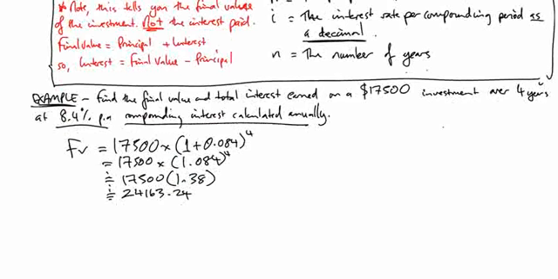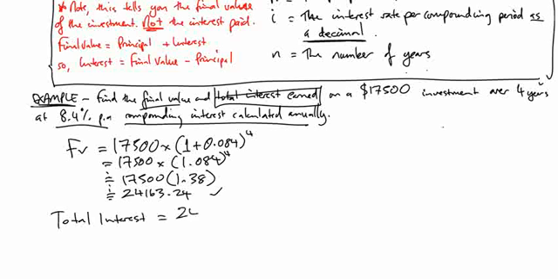including interest. So unfortunately here it says total interest earned as well, so we worked out the final value. Total interest, like before, if you started off with 17,500 and you ended up with 24163.24, what was the interest? What's the difference?